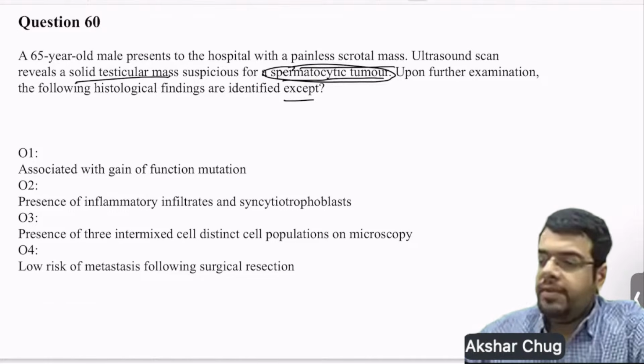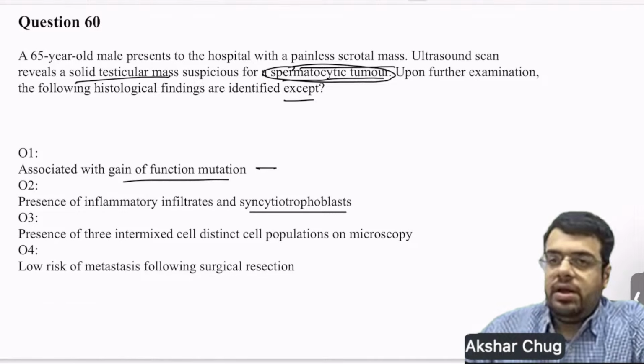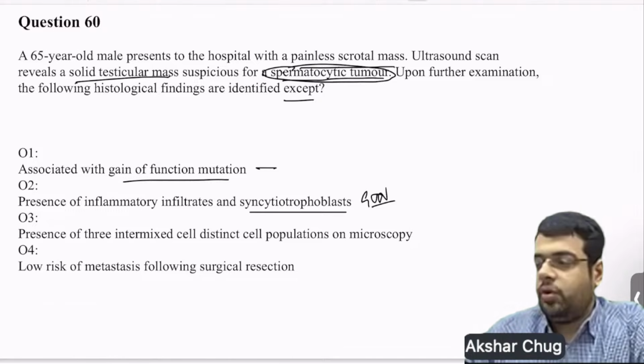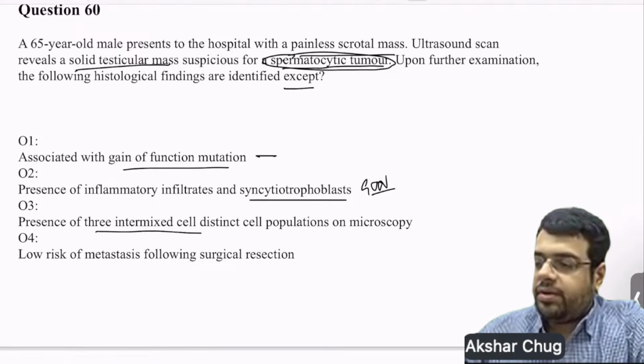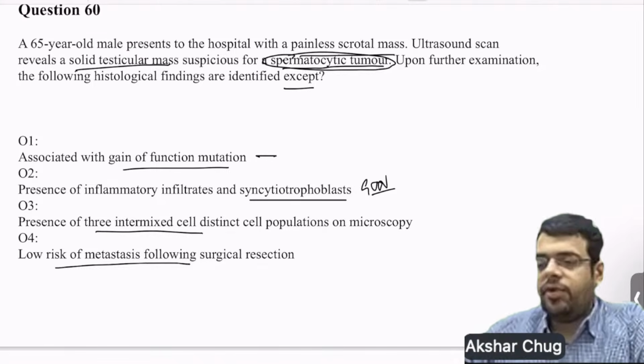Associated with gain of function mutation, okay. It could be presence of inflammatory infiltrates in the syncytial trophoblast. So this basically looks more in terms of GTN, gestational trophoblastic neoplasm. But let's read the other options. Presence of 3 intermixed types of cell, okay, and lower risk of METs following surgical resection.